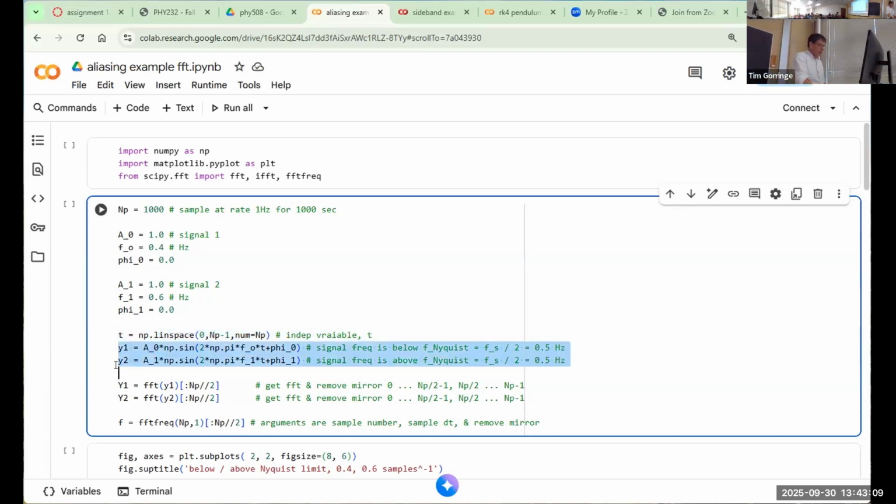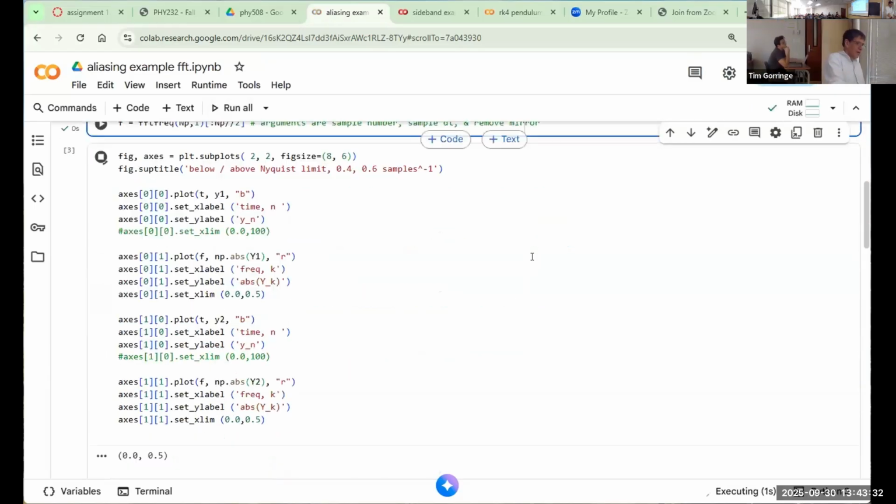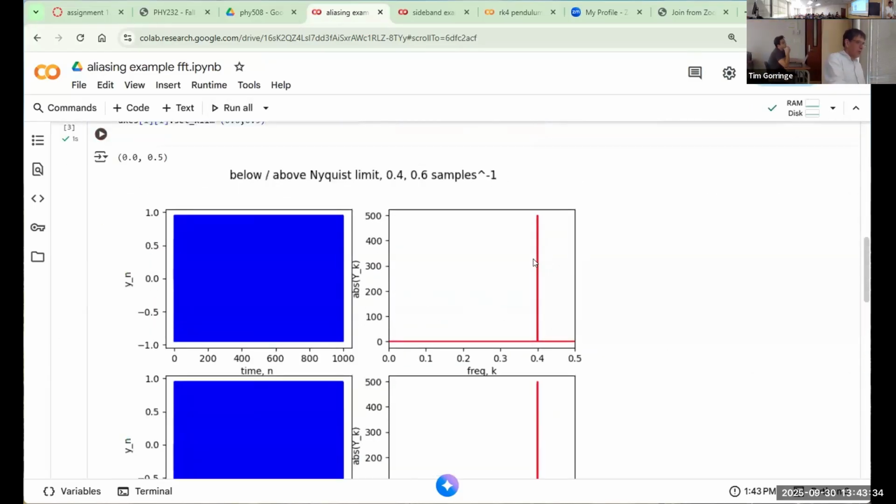Y1 is my lower frequency below the Nyquist limit. Y2 is above the Nyquist limit, the higher frequency. Here I take the Fourier transforms to get uppercase Y1, uppercase Y2, the frequency domain versions of these signals. Okay, so let's just quickly run this. And then I obviously plot them.